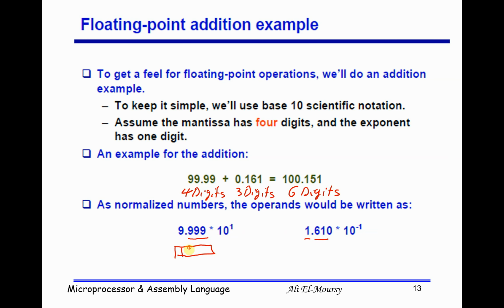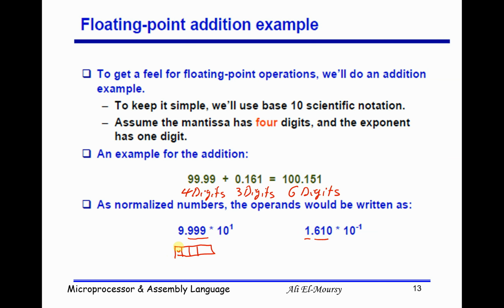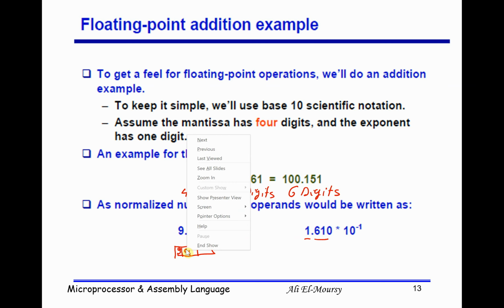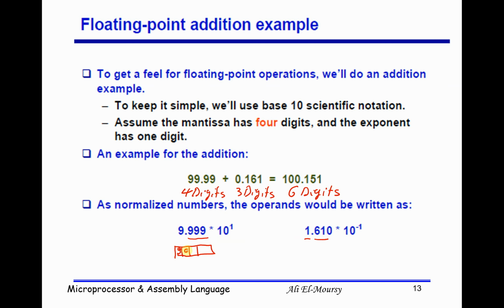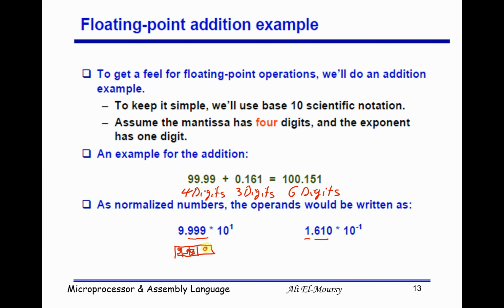I have 9, 9, 9, 9 stored in the mantissa, and the exponent should carry the value 1.